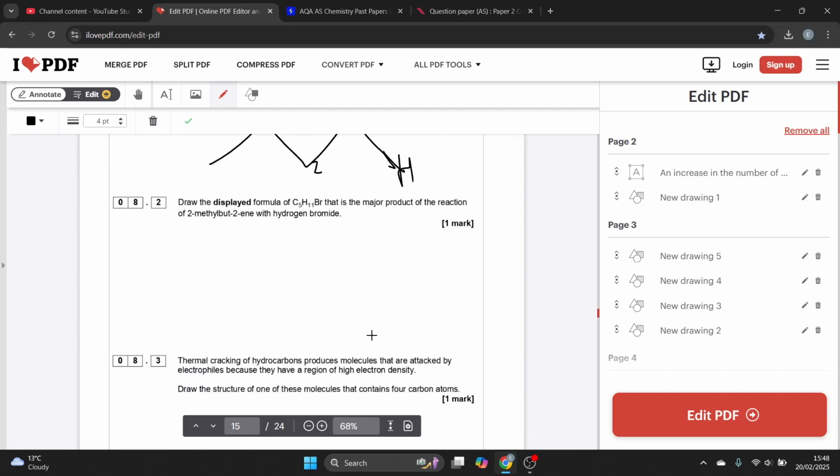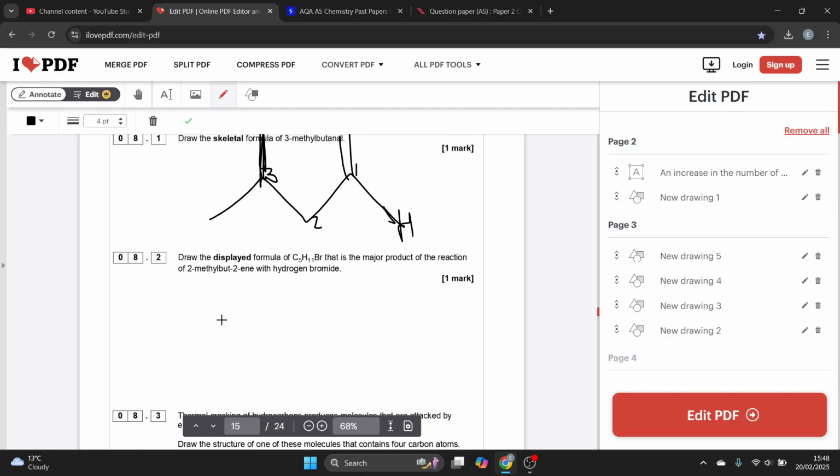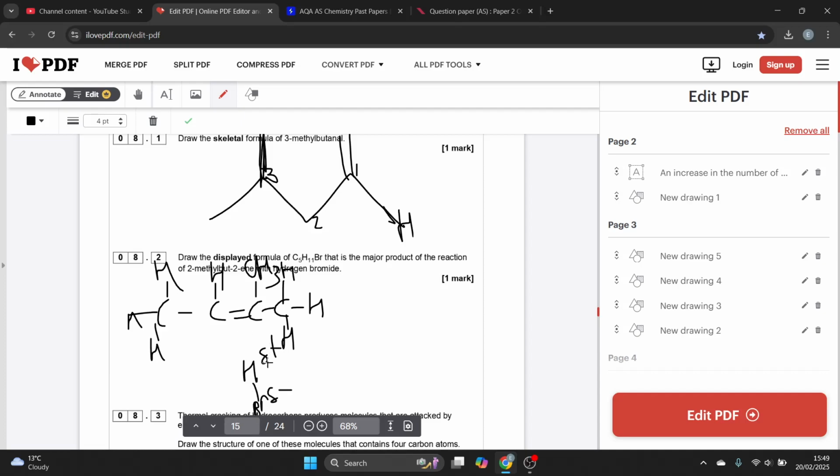Next, the C5H11Br. That is a major product when 2-methylbutene reacts with HBr. So methane, ethane, propane, butane, butene. I also got 2-methylbutene. So hydrogen, hydrogen, hydrogen, hydrogen, hydrogen, hydrogen, hydrogen. I've got hydrogen partially positive, Br partially negative. Goes there, and then electrophilic addition to form.